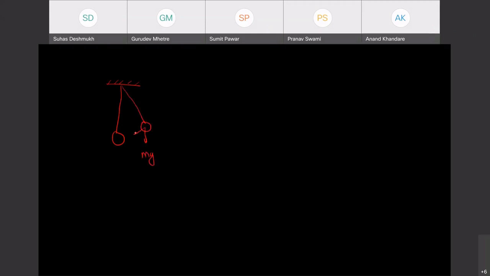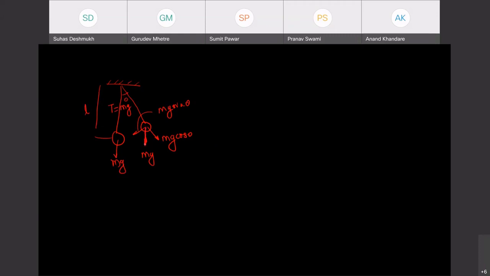Here, mg, then the restoring force, the tensile force mg cos theta, and this is mg sine theta. This is my mass m, this is my length L. Here there is no restoring force, because the tension here is equal to mg. That's why there is no restoring force at this location, but here it will be there.